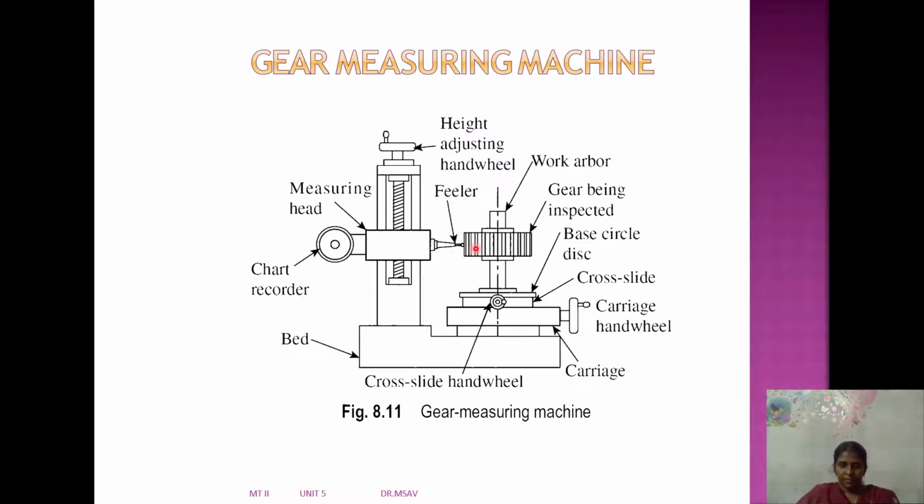That feeler just contacts the gear, and the gear is mounted on the work arbor, which is placed on the cross slide, carriage handwheel and carriage. The blank we have to inspect is mounted on the work arbor. The feeler contacts the work blank being inspected. So this feeler touches each tooth profile, and from that we get the reading from the chart recorder by means of the measuring head.